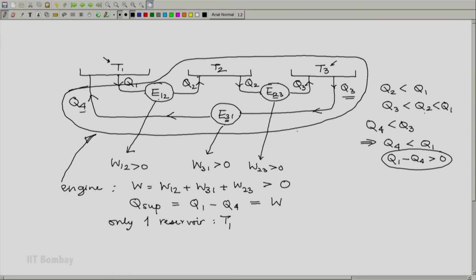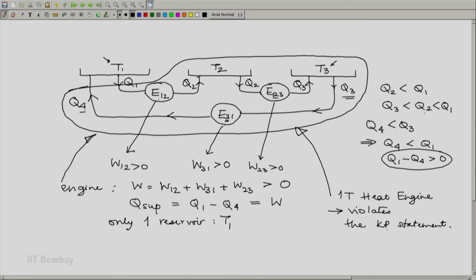So this turns out to be a 1T heat engine, which violates the Kelvin-Planck statement.